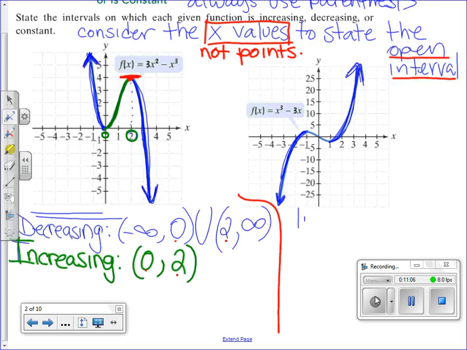So for increasing, we have the interval from -infinity to -1, and also we have the interval from +1 to infinity. And I know it's infinity because of this arrow here, okay? And I know that it is 1 because of this 1 here. All right.